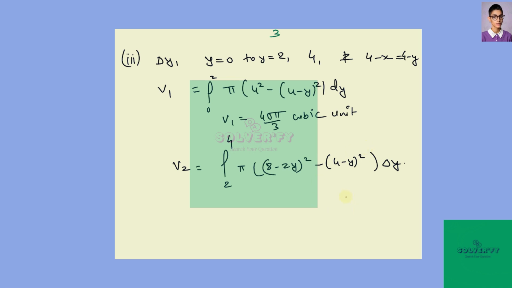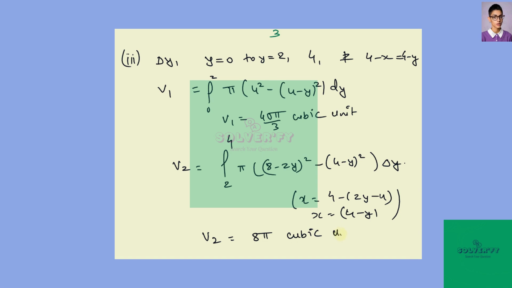We got this value from the line equation, where x equals 4 minus (2y minus 4) and x is equal to 4 minus y. Using these two values, we got V2. Calculating V2, we have the value 8 pi cubic units.